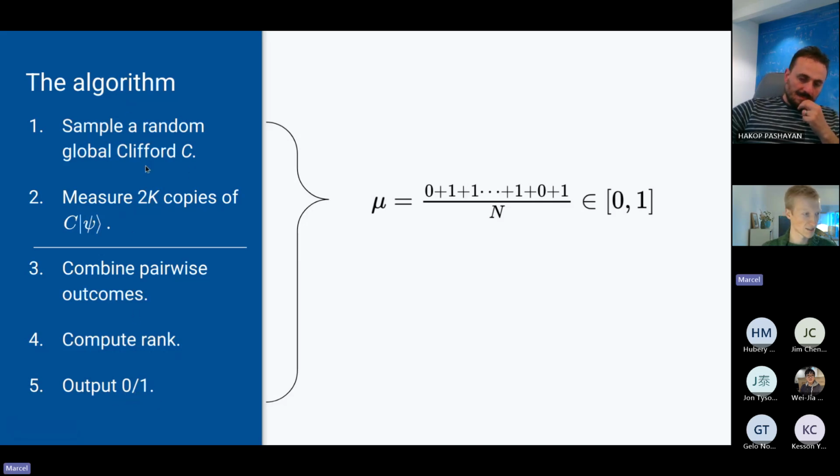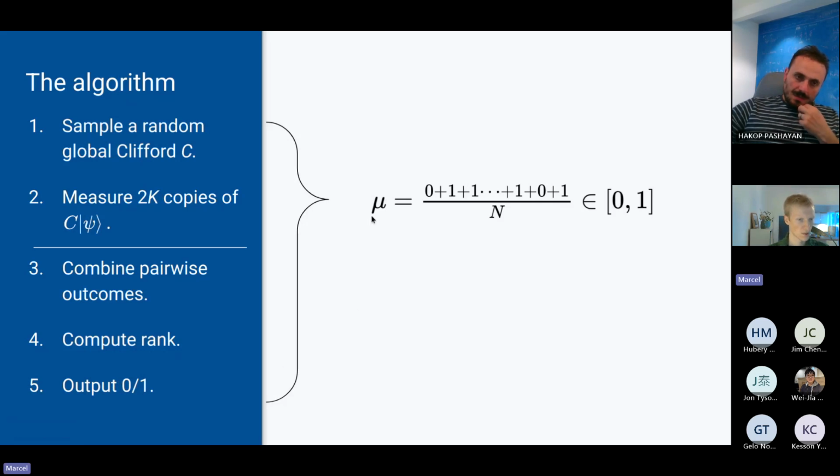There's some randomness in the sampling of your global Clifford, then there's some inherent randomness in the measurements. So there's randomness, and out comes some number that is either 0 or 1.